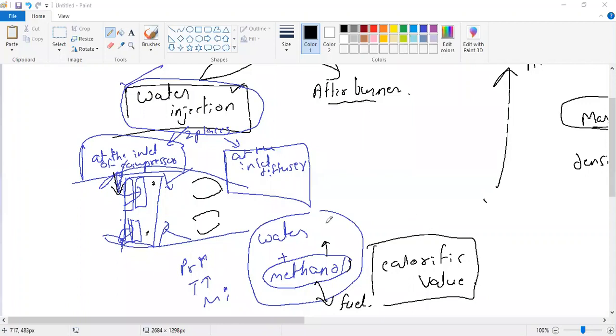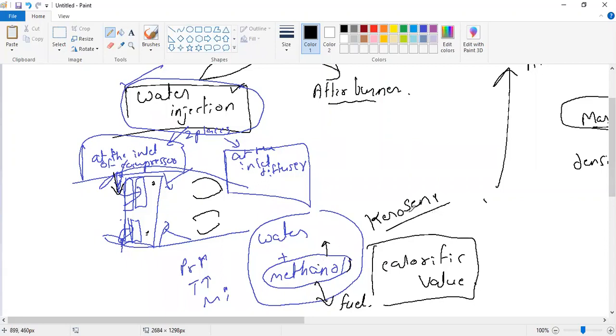So you know what is calorific value. Calorific value means when you heat something, what is the amount of heat energy that we get? It's called the calorific value. For different types of fuel, the calorific value is different. So when I talk of methanol, in a jet engine, we use the fuel kerosene, right? In a jet engine, we use the fuel which is a kerosene type.